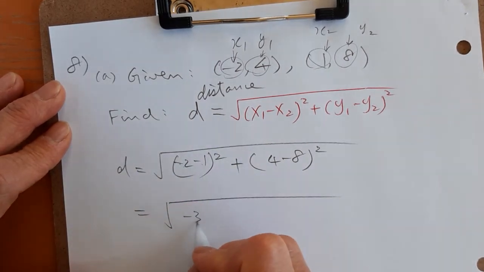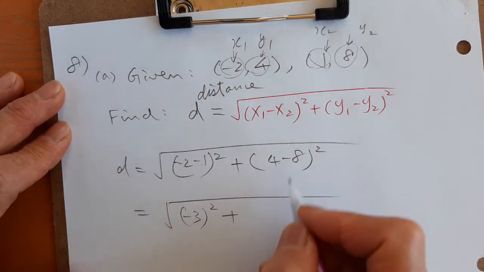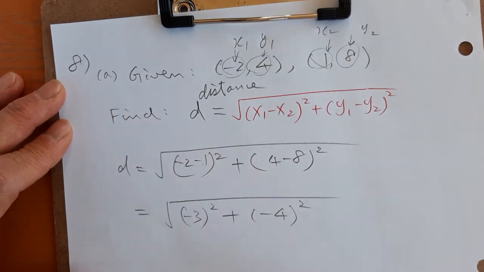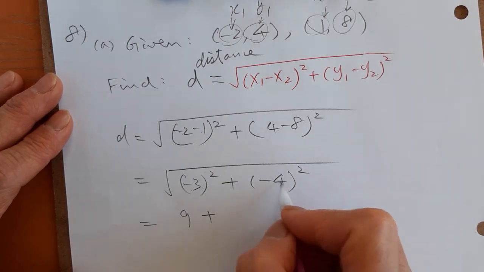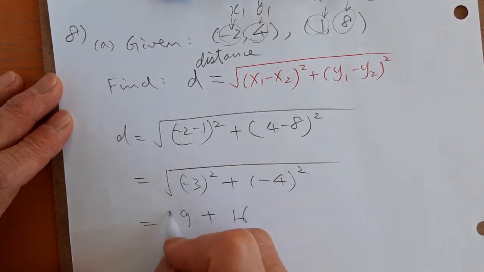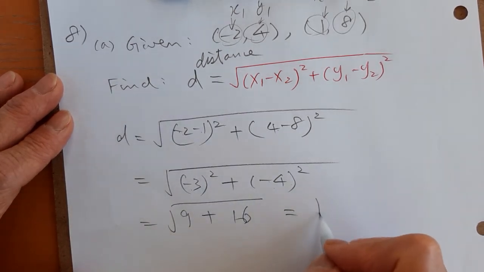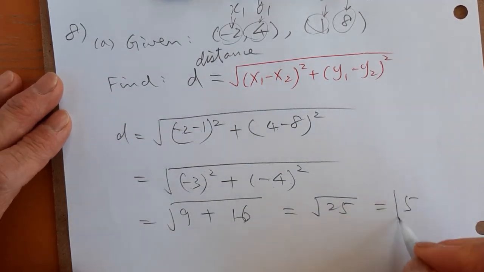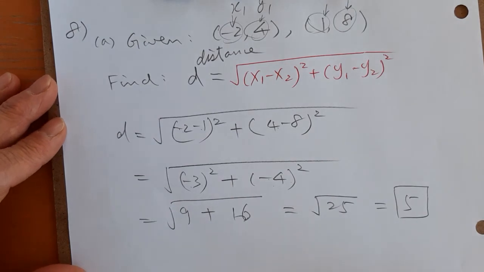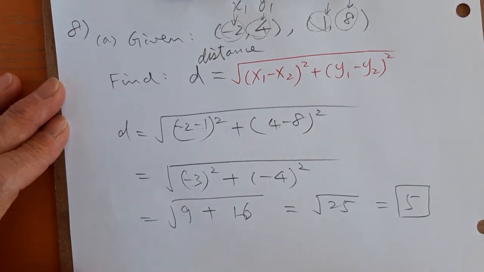Negative 2 minus 1 is negative 3 squared, plus 4 minus 8 is negative 4 squared. Negative 3 squared is 9, negative 4 squared is 16, take the square root. Add together, 9 plus 16 is 25. So the distance between the 2 points is 5.